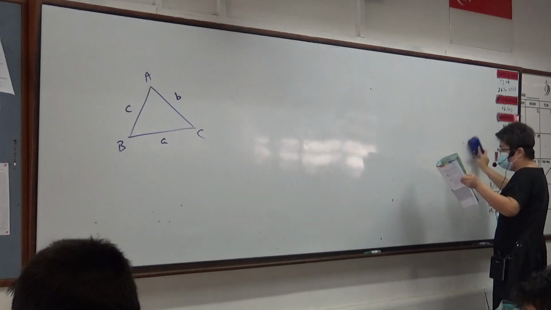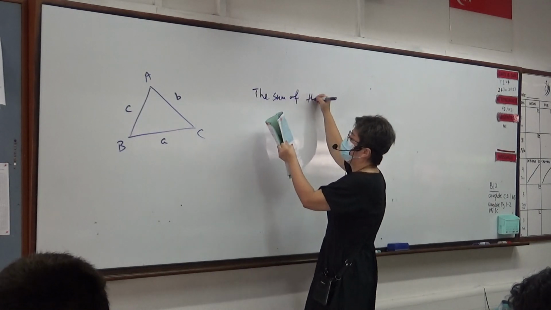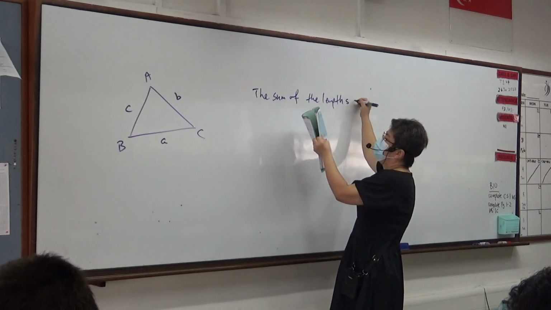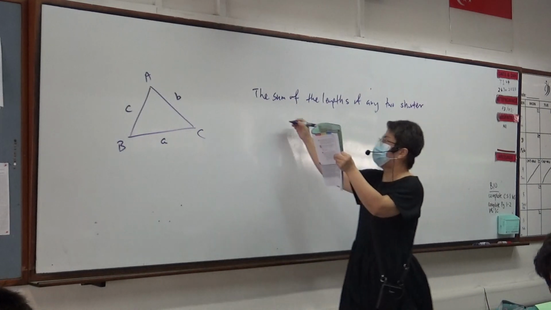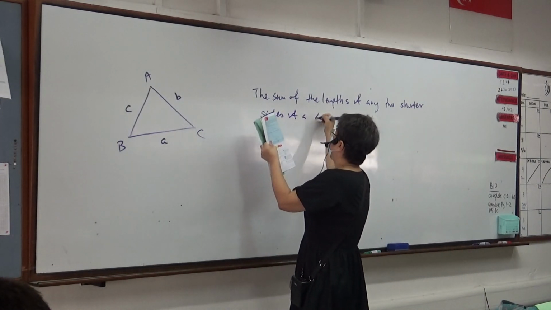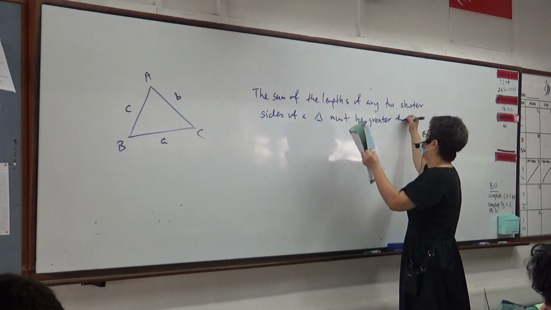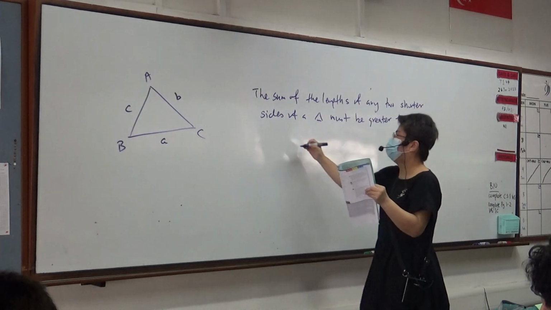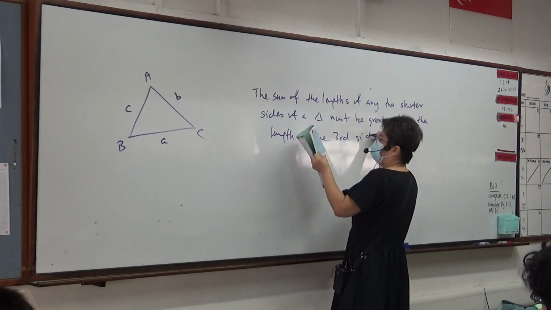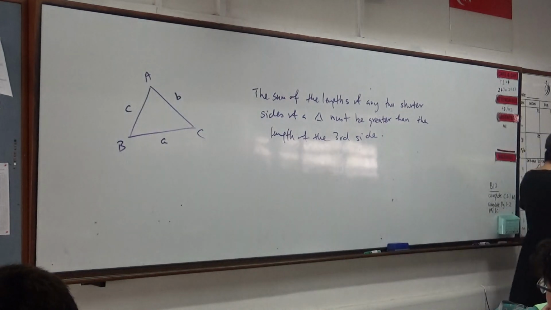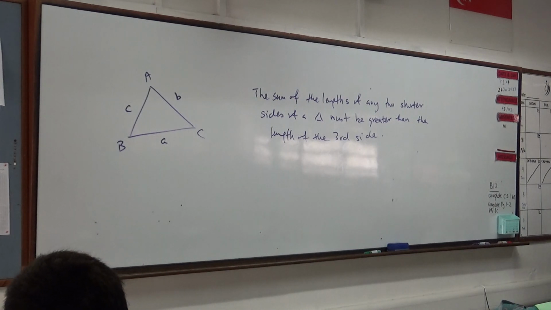Please write this down: the sum of any two shorter sides of a triangle must be greater than the length of the third side. If not, the triangle cannot be constructed. This is something that you should know.